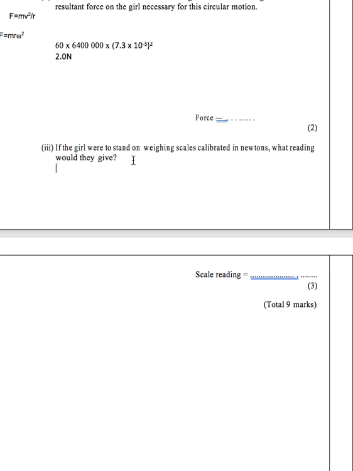If you think about the extreme circumstance of the lift cable breaking, the reading on the scales would fall to 0. Think about that. But that's the case here, that you have 60 times 9.8, which is her weight, minus 2 would be the reading, which would be 586 newtons. That would be the value of the reading on the scales.